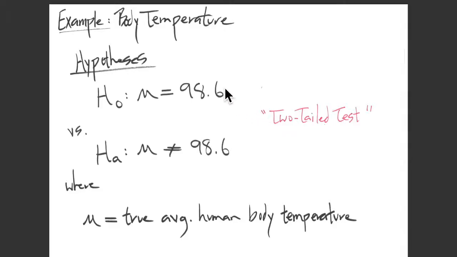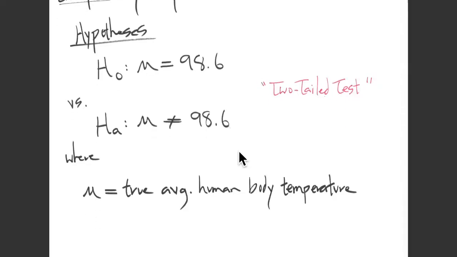The null hypothesis is completely the same in all of these kinds of problems. It's the skeptic's position: no, the mean is indeed 98.6, just like we've heard all our lives. And so let's see how this third form of the alternative, this two-tailed alternative, plays through into the computation of the test statistic and the p-value and so on.